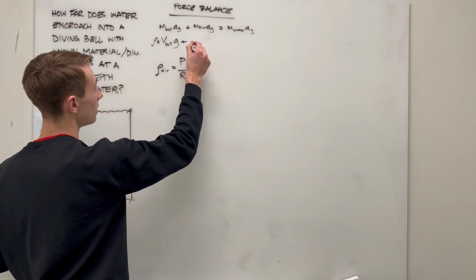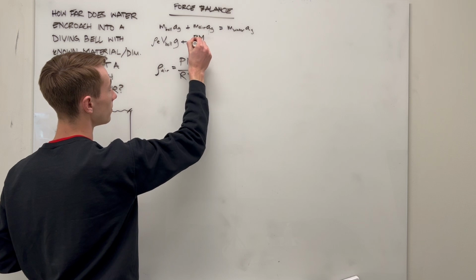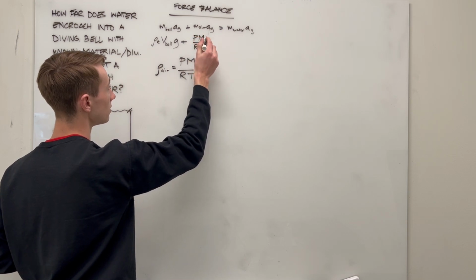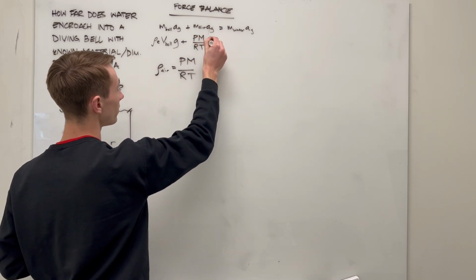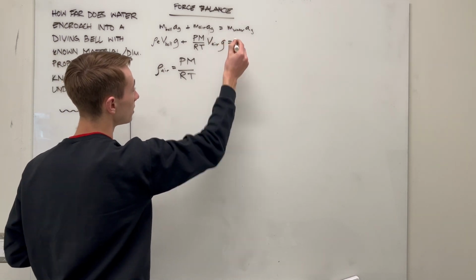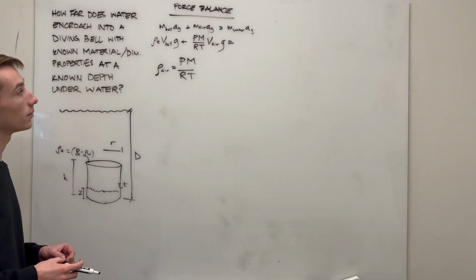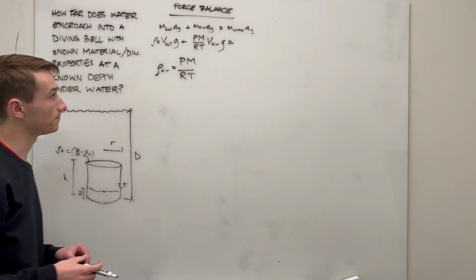So we have the density of the air, which is Pm over RT, times the volume of air, times gravity. This is equal to the mass of water times the acceleration due to gravity again.